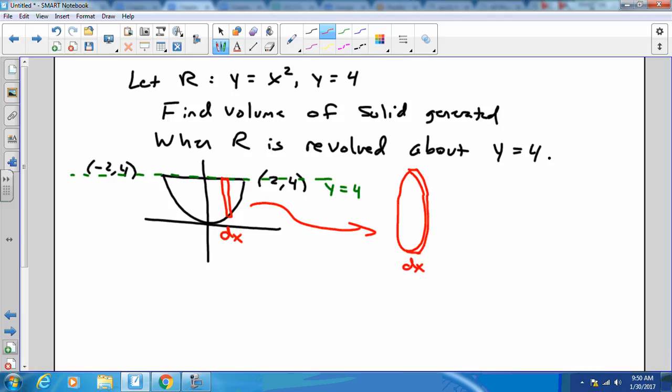Here comes my disk, and it has a thickness of dx, like so, and it is going to have a radius of r, like so, and that radius is going to be the distance from the outer defining curve here, y equals x squared, to the axis of revolution.